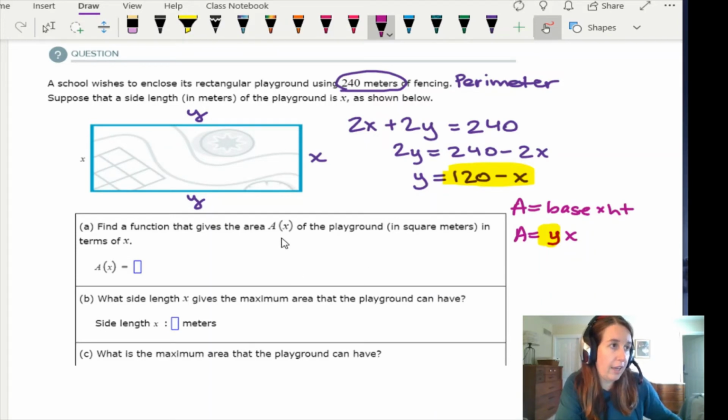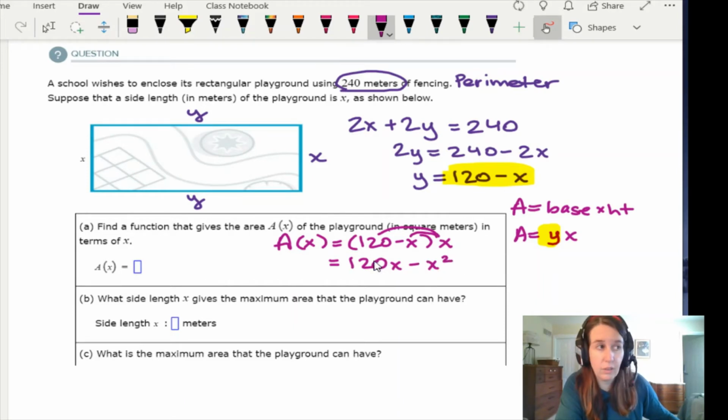So A of x is equal to 120 minus x times x. Okay, so when we simplify this a little bit to put in our answer, it's going to be 120x minus x squared. So that's what we would put here, 120x minus x squared, and that represents the area in terms of the side length.